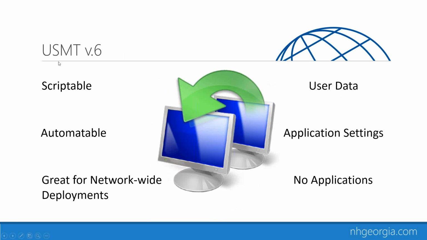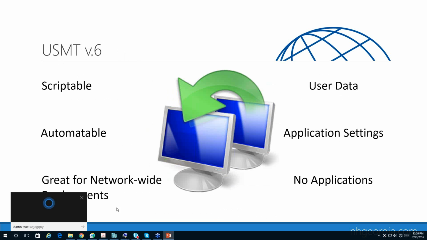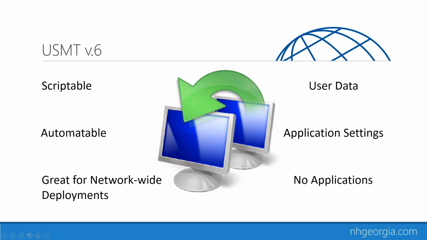Instead, we have a tried and true, reliable platform for transitioning that content, and that is the User State Migration Tool. This is an enterprise-capable, network-wide deployment tool that is scriptable, automatable. It will grab user data, user settings. It'll even grab some application settings, but no applications.